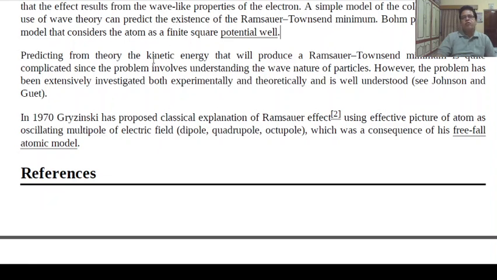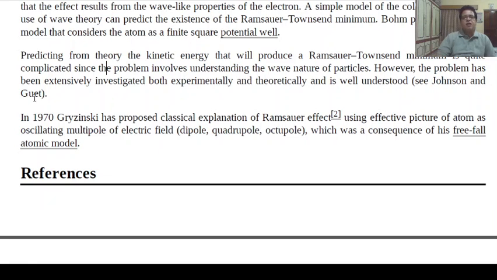Predicting from theory the kinetic energy that will produce a Ramsauer-Townsend minimum is quite complicated, since the problem involves understanding the wave nature of particles. However, the problem has been extensively investigated both experimentally and theoretically and is well understood.